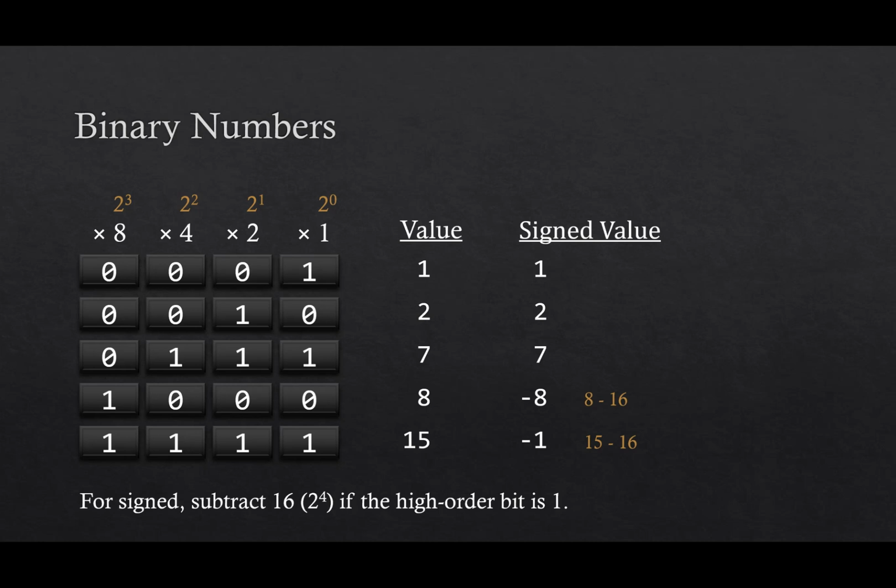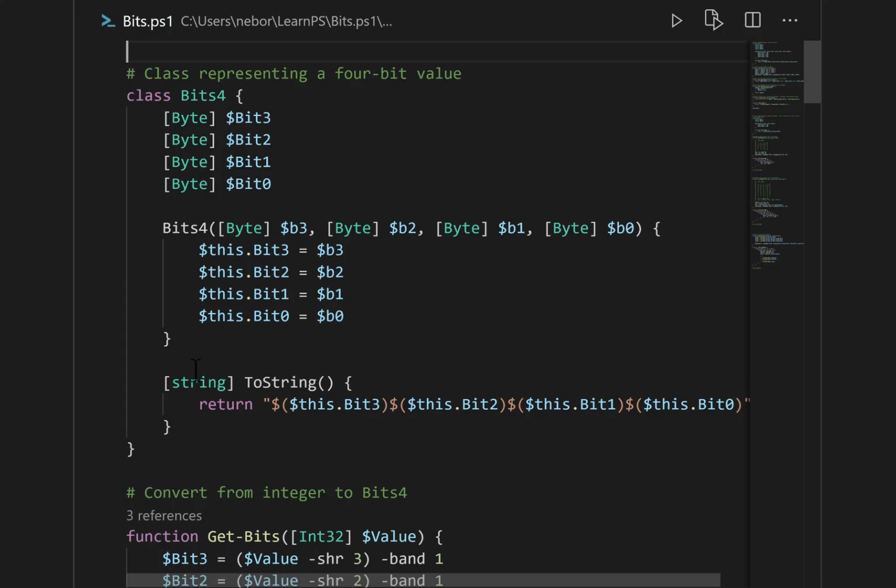Okay, so that summarizes how binary numbers are represented, but let's actually do a little demo using PowerShell to simulate how binary numbers work in a computer. Here I have a PowerShell script open in Visual Studio Code. I've already written this script just to save time, so you don't have to sit here and watch me type.